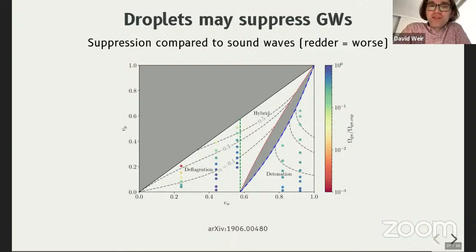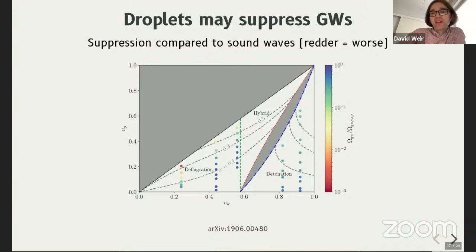That's a good question. So yeah, this requires a strong transition, so a large alpha, yes, but also you would need to tune your wall velocity to be, as Marcus pointed out, quite small. But I would also point out that's a worst case scenario. You can also see here that anything which ends up being a strong deflagration also has some suppression by as much as an order of magnitude.